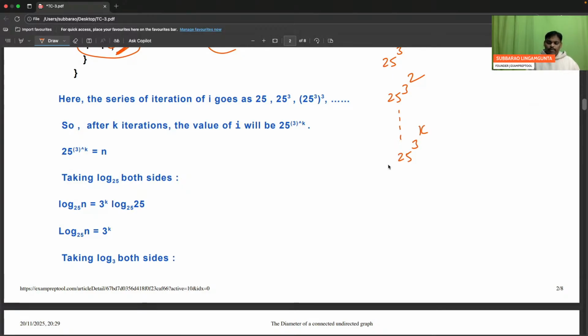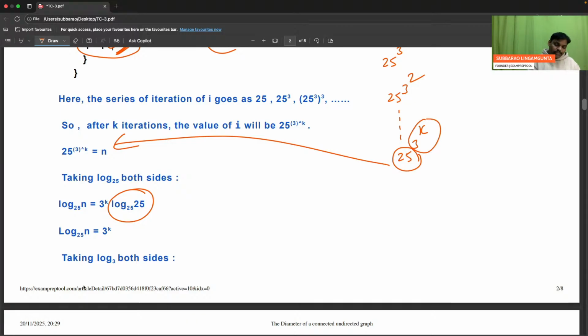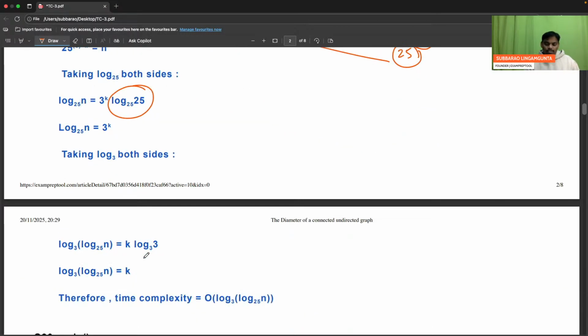It will become like this. Apply log. Remember, the initial one is 25, so apply log base 25 so that it goes. Next, now apply base 3. Then log 3 base 3 will also go. So finally, k is log log n.